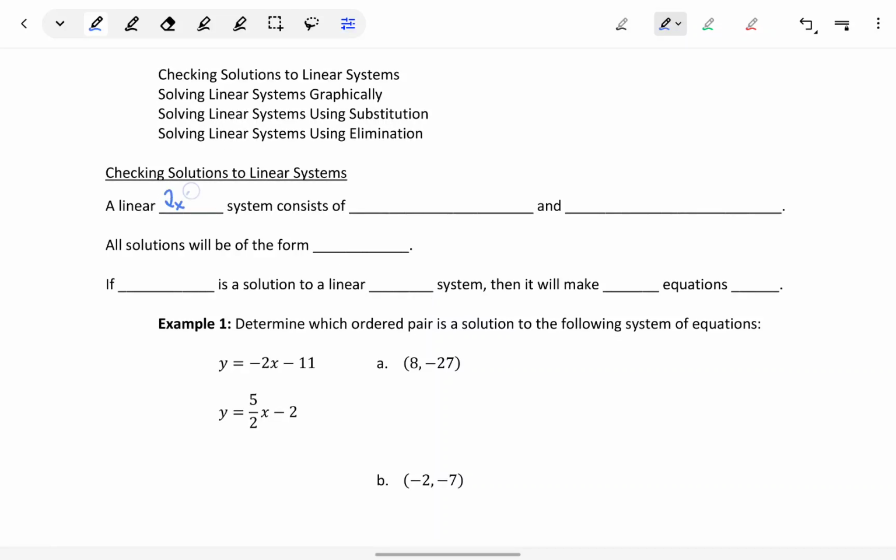So a linear 2x2 system consists of two equations and two variables.